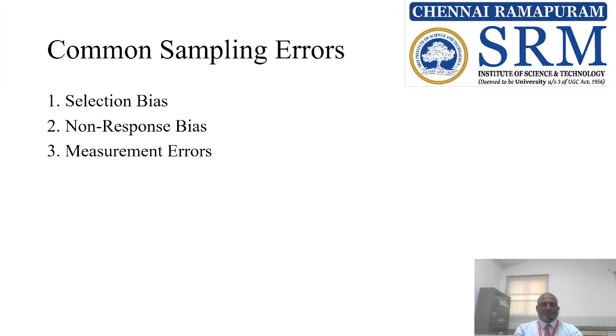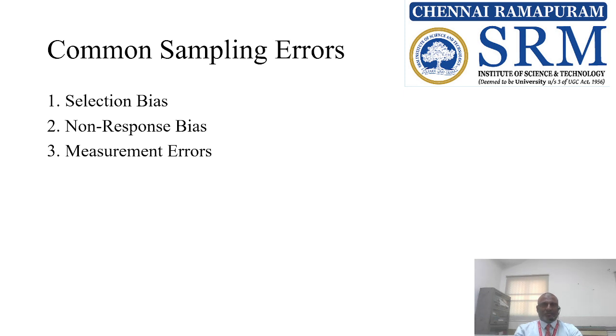And common sampling errors are selection bias, non-response bias, and measurement errors. Selection bias, as we discussed, is when we collect data from persons who are not intended for our research. Non-response bias is when, without reading the questionnaire, the respondent fills in everything, which leads to non-response bias.